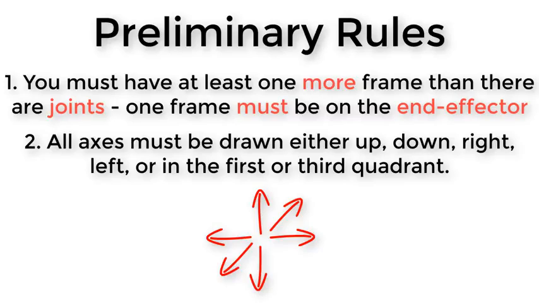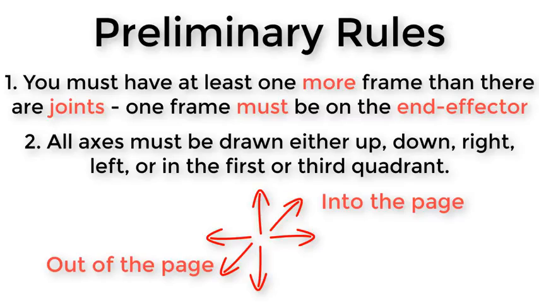When we draw the axis in the first quadrant, that means that the axis is going into the page or into the screen. And when we draw the axis in the third quadrant, that means that the axis is coming out of the page or out of the screen. We can't ever draw axes in the second or fourth quadrants like this, because then it is not clear which direction they are going.